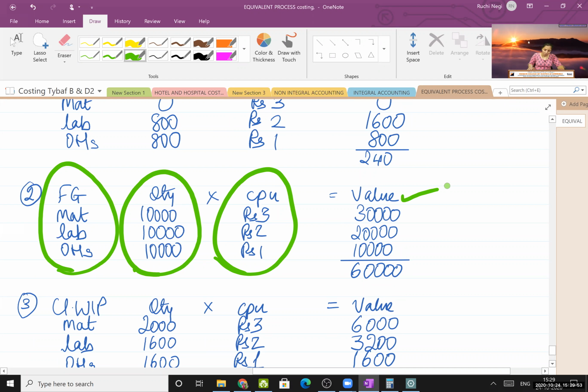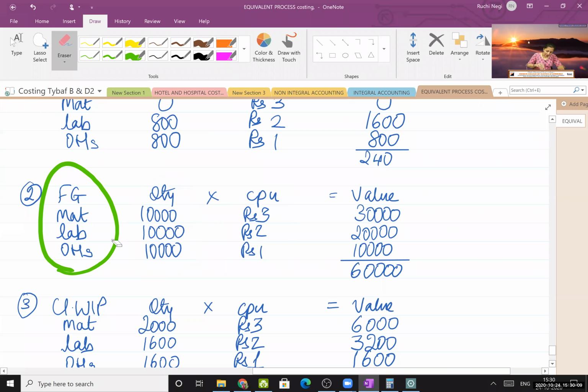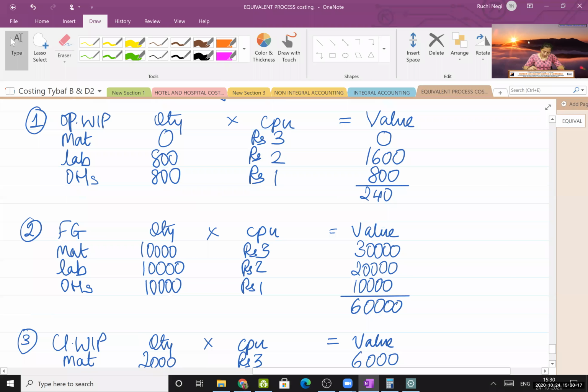Calculate the value. 10 threes are 30,000. 10 twos are 20. 10 ones are 10. So total is 60,000. Is this clear? Just make a note of all these things. First step in WIP and finished goods.